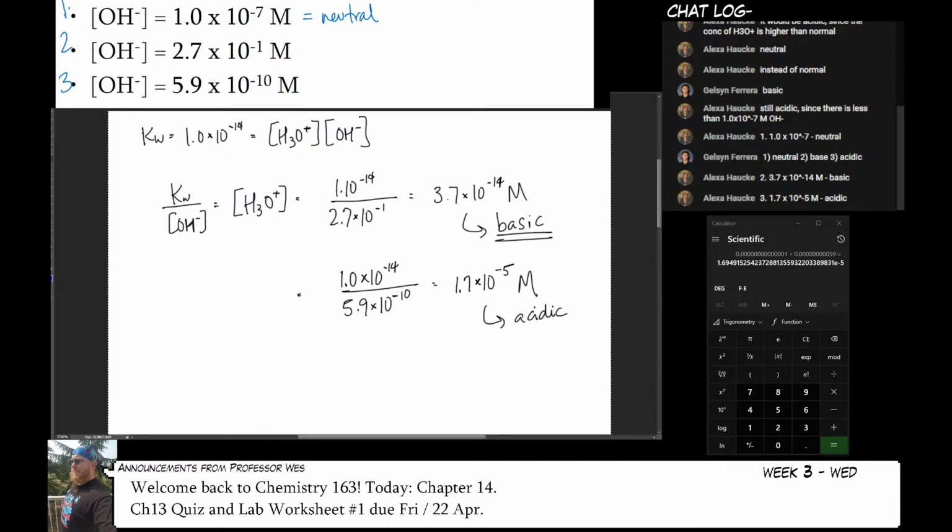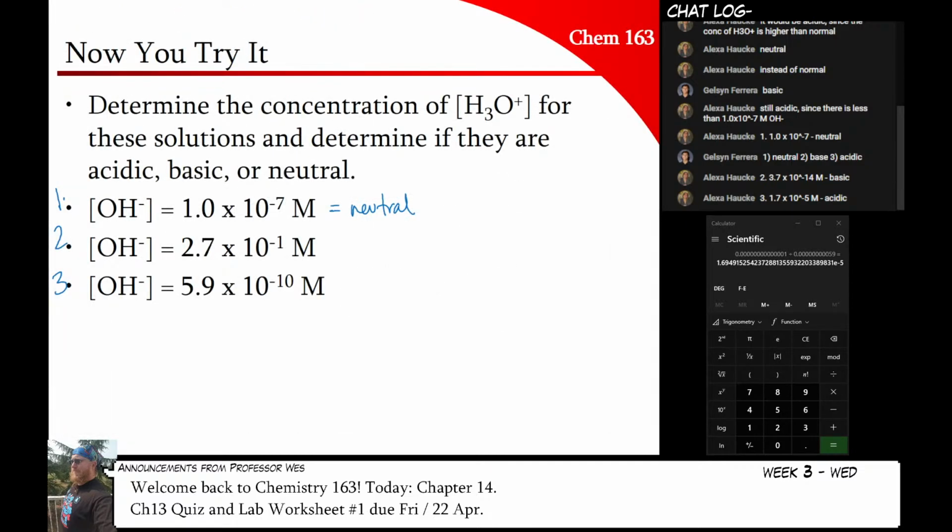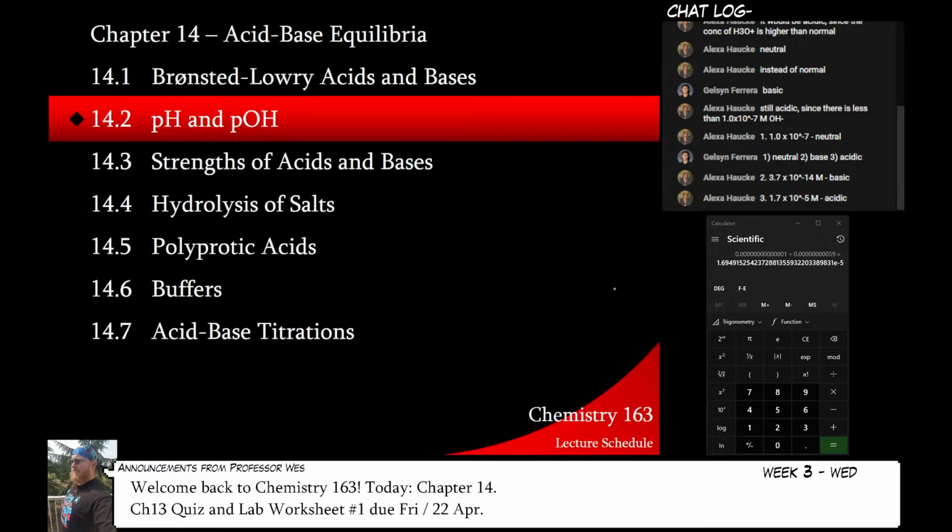All right. Any questions, let me know. So now that we can calculate H3O plus and OH minus no problem from a bunch of different conditions, we're going to apply this to a new technique, and that's this. Everybody's heard of pH before. You do not need to take a Chem 163 class to know what pH generally is, right?